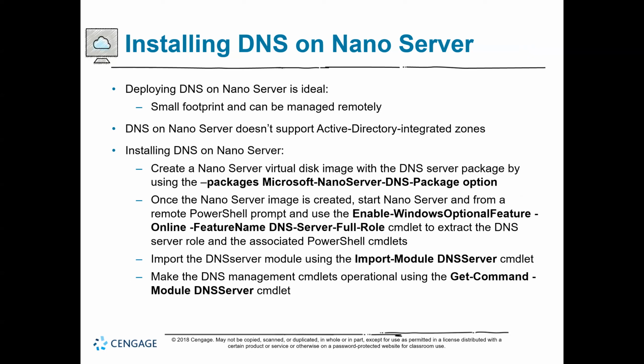If you've ever done anything like this, you'll just see it start running a bunch of things in there. Import the DNS server module using the Import-Module DNSServer cmdlet. Make the DNS management cmdlets operational using the Get-Command -Module DNSServer cmdlet.